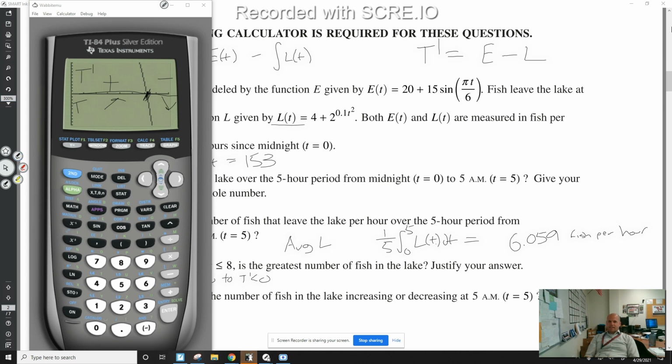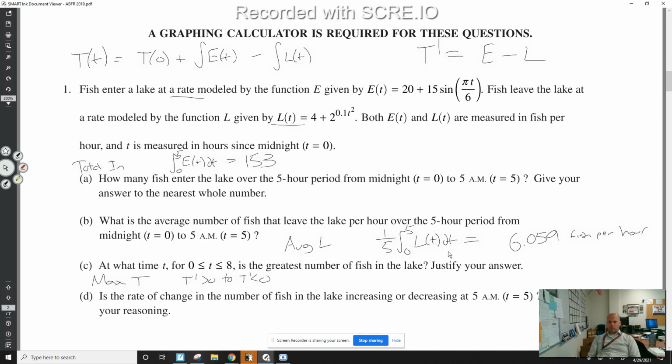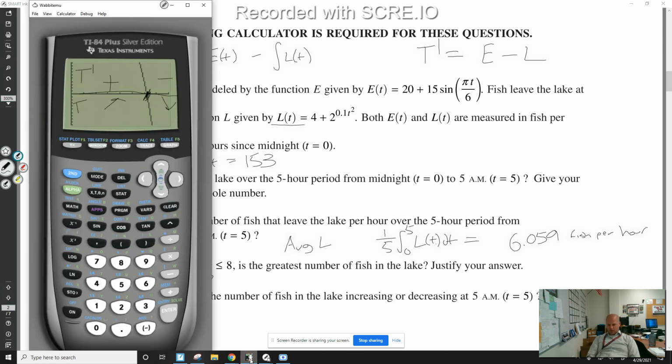Now, you need to be able to say what I just said to get proper justification points. You can't just say, oh, it just changed from positive to negative. You could say, let's find this value.